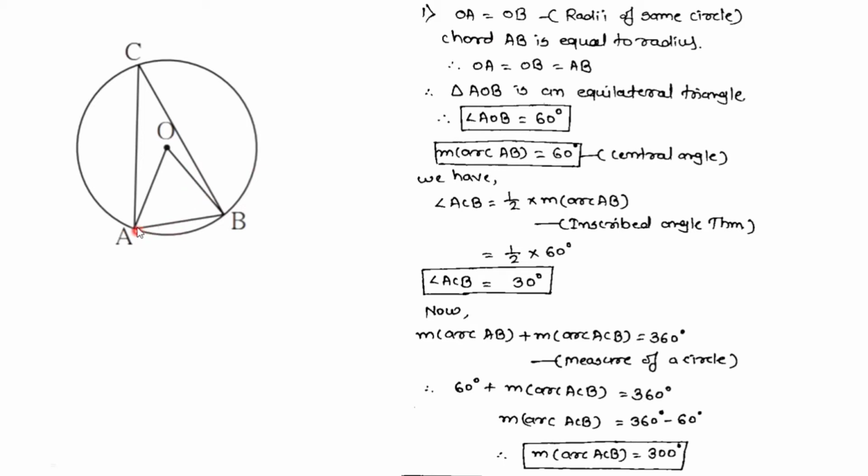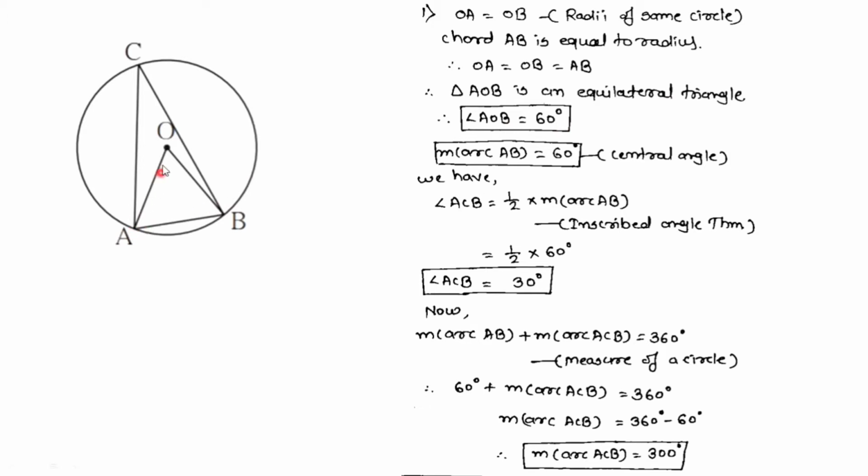That means for triangle AOB, all the three sides are congruent, so triangle AOB is an equilateral triangle. We know the property of an equilateral triangle, that each angle is of measure 60 degree. That's why angle AOB is 60 degree. So this is the answer of the first question.